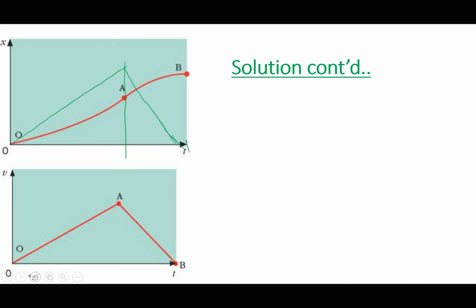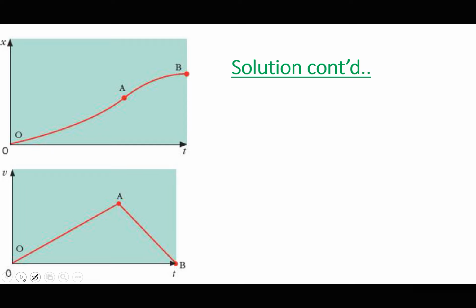The velocity time graph would look something like that. From O to A, the velocity was increasing, that's why you see a straight line moving up from the origin. Then from A to B, the velocity was decreasing, that's why you see the line going back to 0.